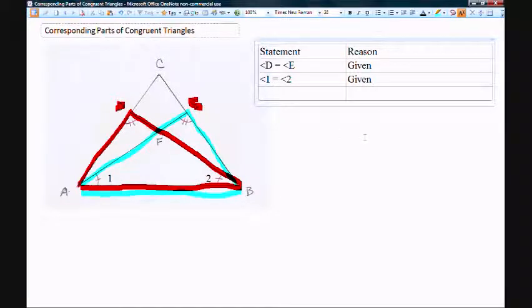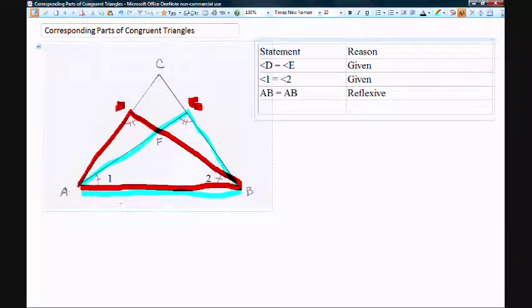So in this case, AB is congruent to itself by the reflexive property. Now, we're going to use one of the 4 shortcuts, and in this case we're going to use the angle angle side postulate. Therefore, triangle 1 is congruent to triangle 2 by that postulate.